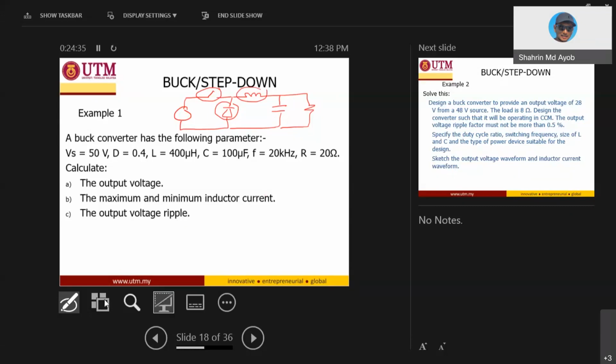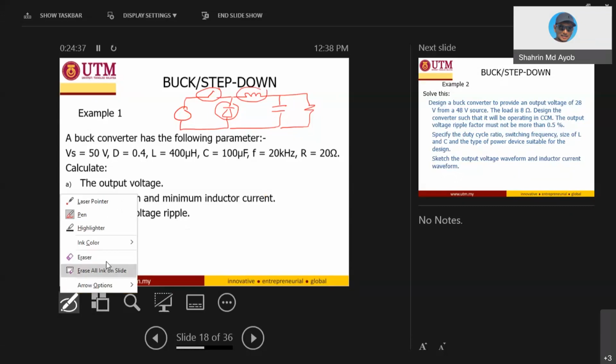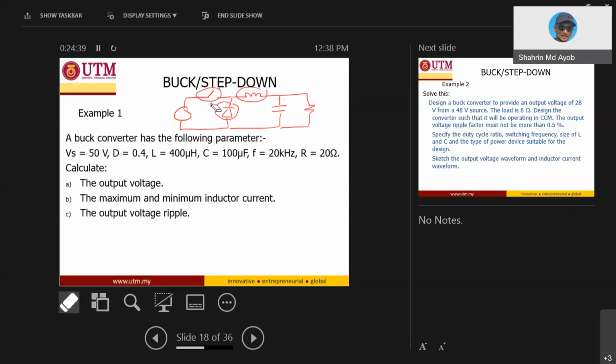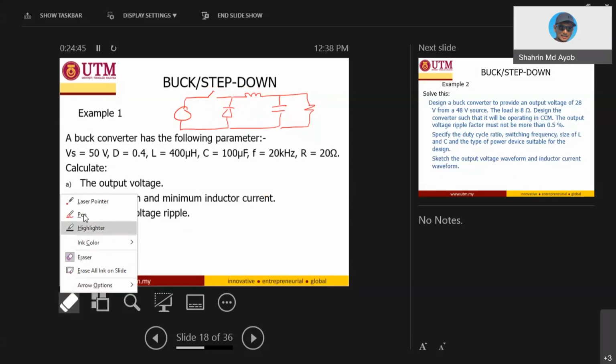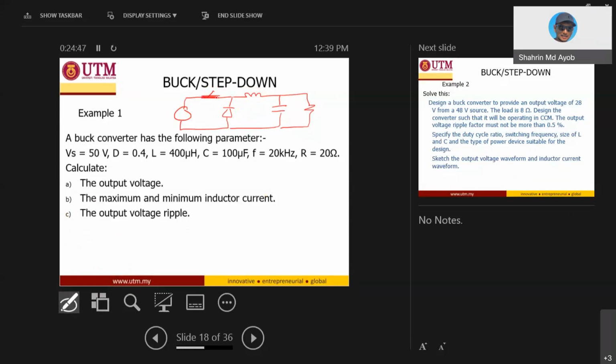Okay, so when the switch is on, what happens to the circuit? If you know, it's easy. When the switch is on, what is VL? VL is VS minus Vout.